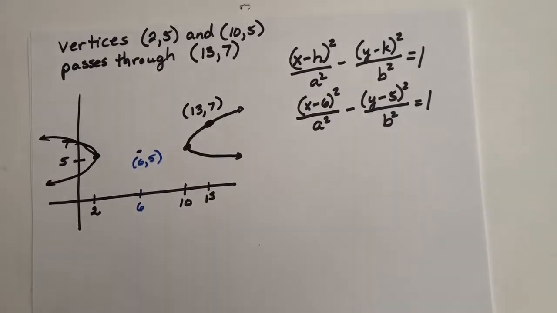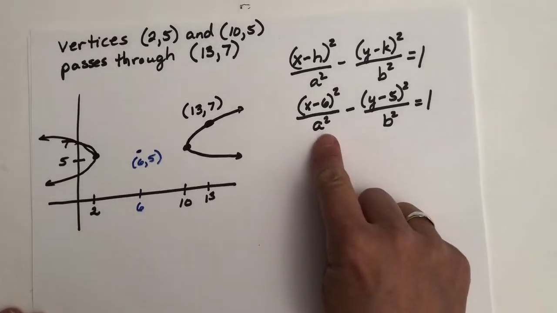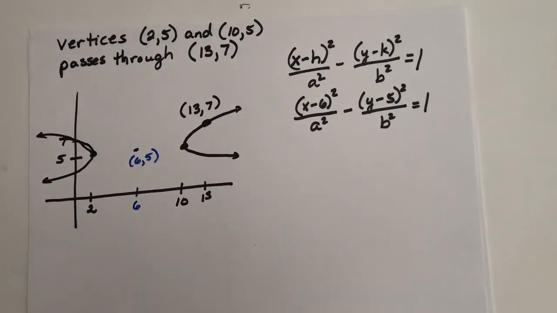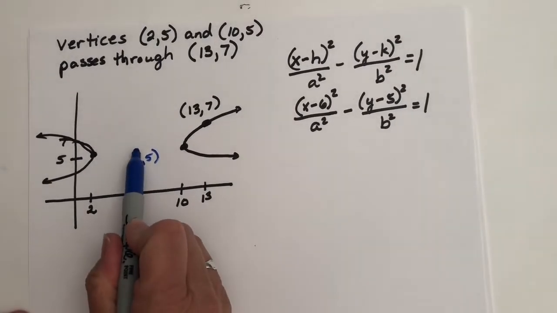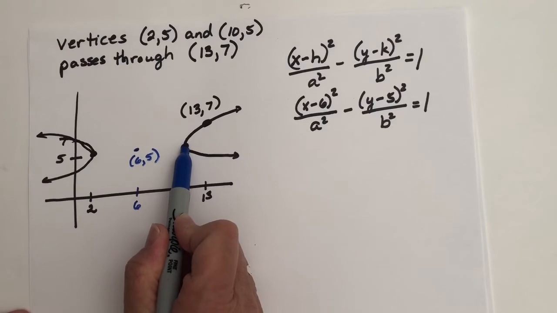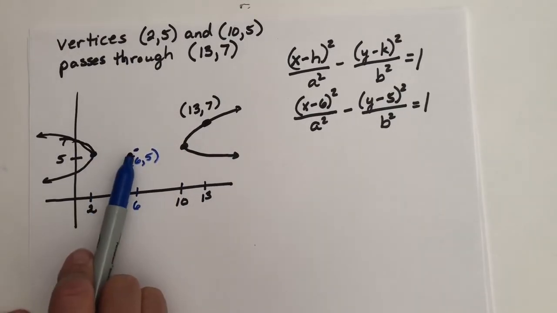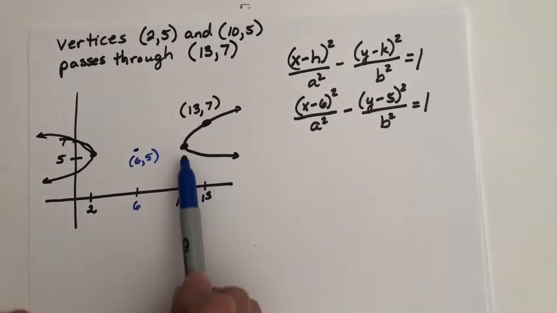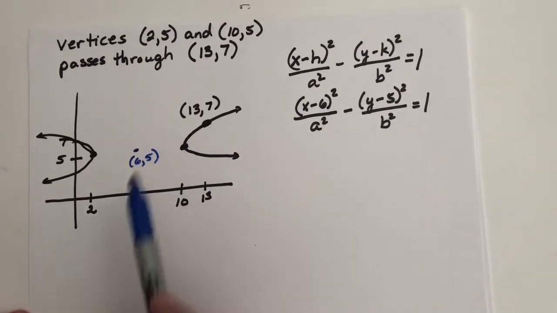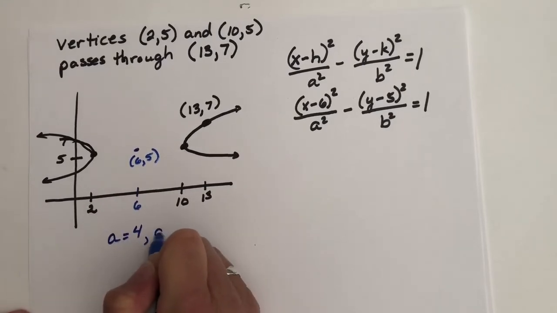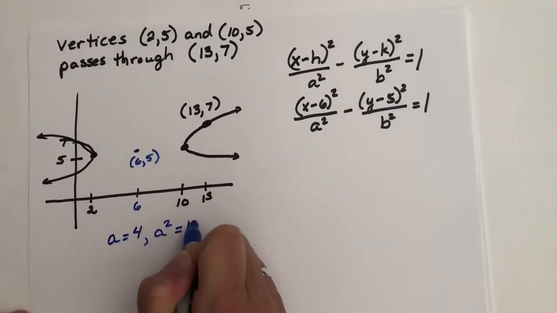But notice we are still shy of an a squared and a b squared. Let me come back to the picture. We know the distance from center to vertex is a. So on our picture, the distance from 6, 5 to 10, 5 is 4. So a is equal to 4, and that means a squared is equal to 16.